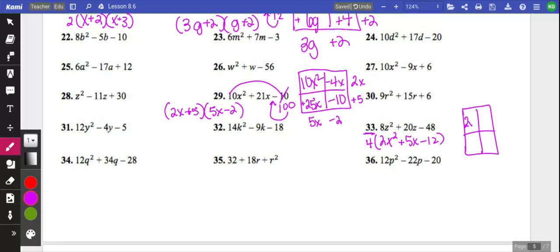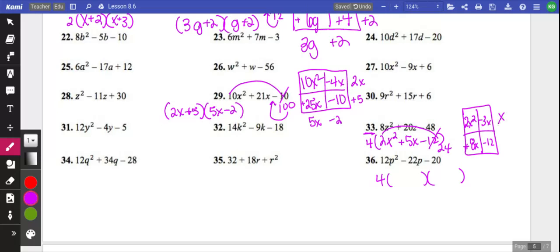So I have 2x squared and minus 12, and 2 times 12 is 24. Things that multiply to be 24 and subtract to be 5x are 8x and 3x. Sign chart says that the bigger one gets a plus. And I still have this 4 greatest common factor that I'm going to put on my binomials.